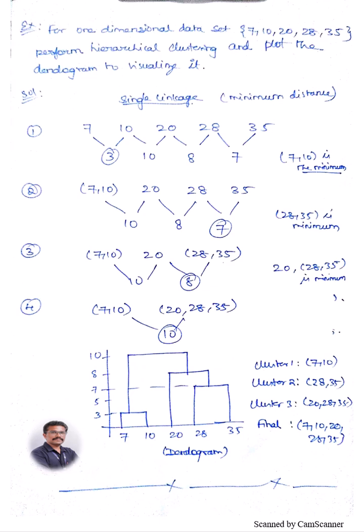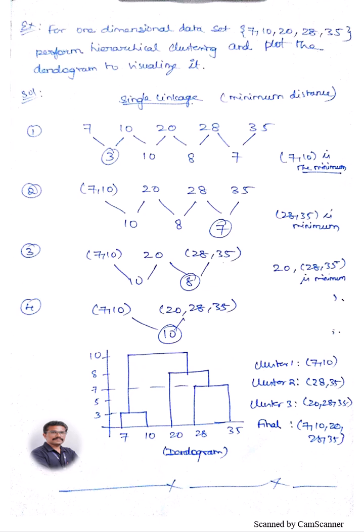A dendrogram is a tree-like structure to visualize the arrangement of clusters. In this example we use single linkage, which uses the minimum distance between any two clusters. We write all the data points: 7, 10, 20, 28, 35.